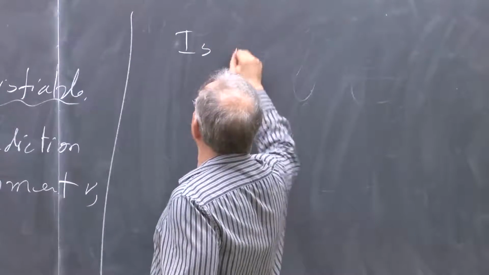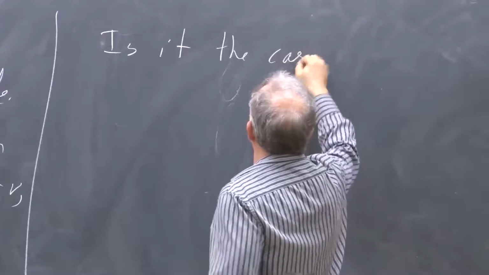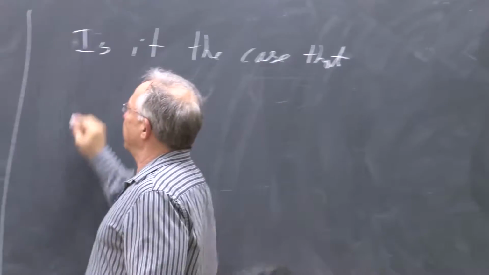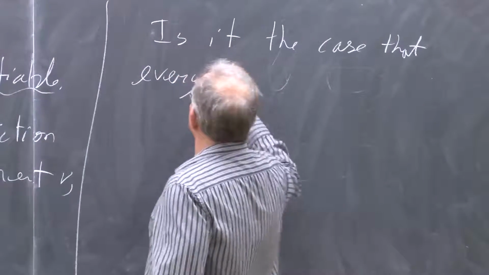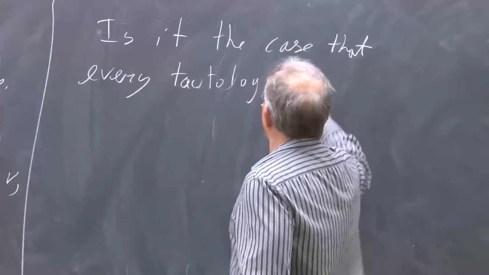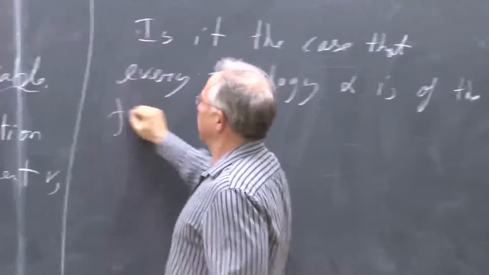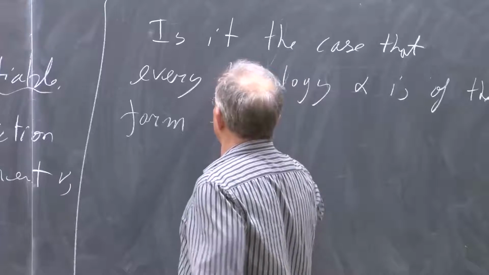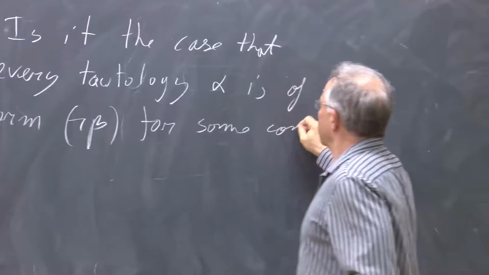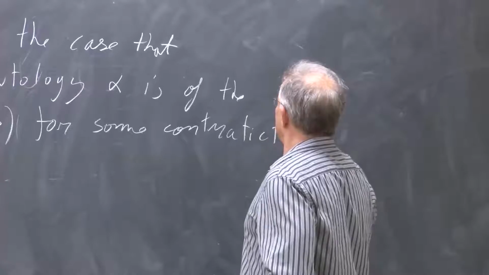Is it the case that every tautology alpha is of the form neg beta for some contradiction beta?